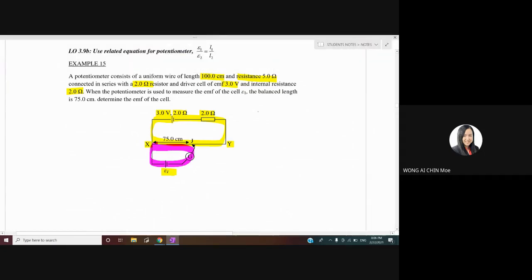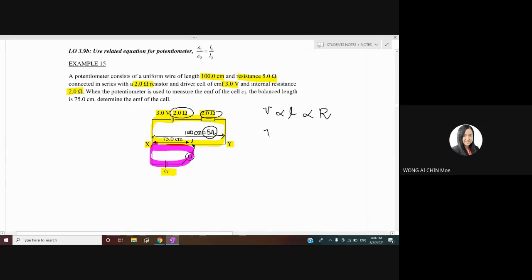Our relationship is that V is directly proportional to length, which is directly proportional to R. Here we have a 2 ohm resistor, and we know that X to Y, 100 cm, is equal to 5 ohm. So the resistance along the XY wire is 5 ohm.